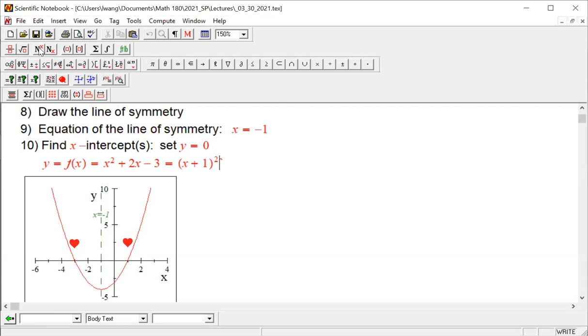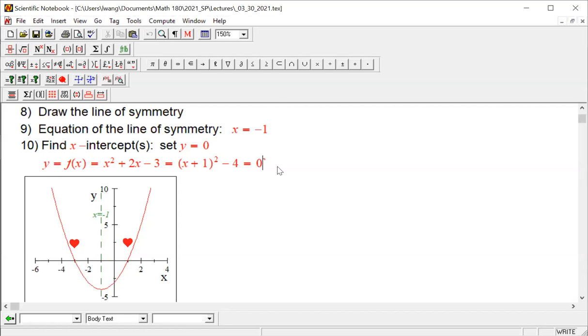Do you follow me? So when you set y = 0, it's the same as setting f of x = 0. It's also the same as setting this expression equal to 0, or this one equal to 0. We have all these choices, and this is output, and this is output, and this is output.